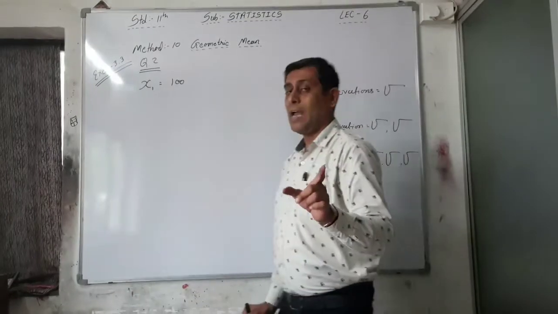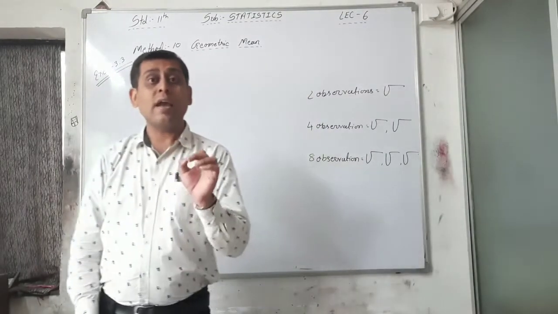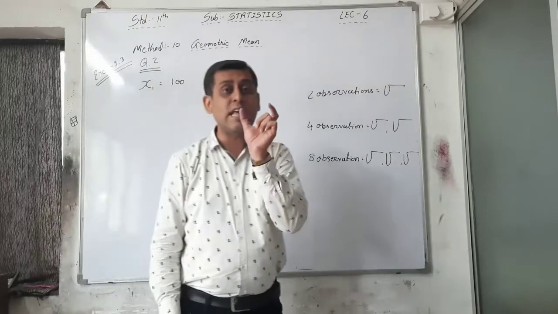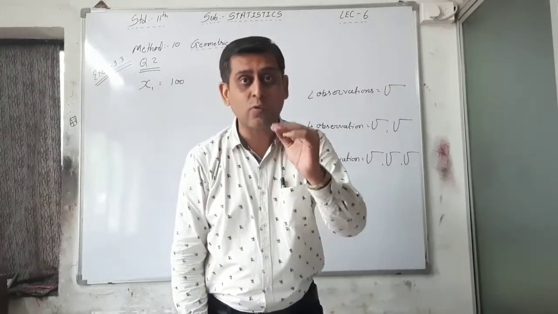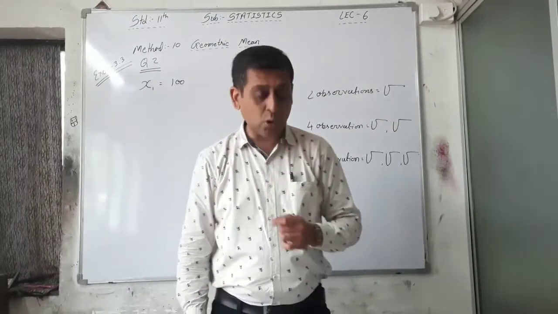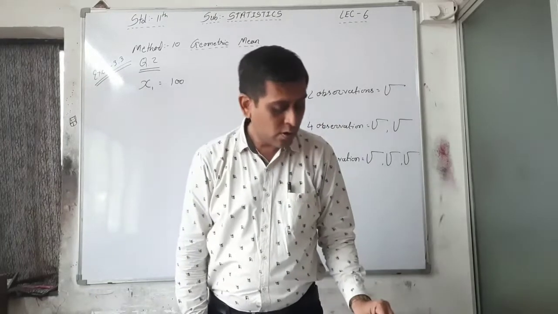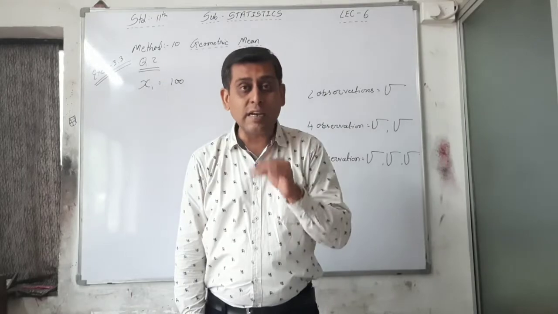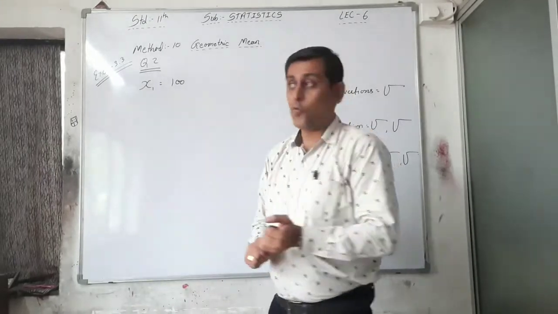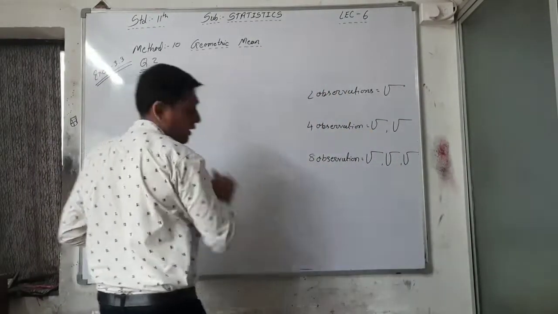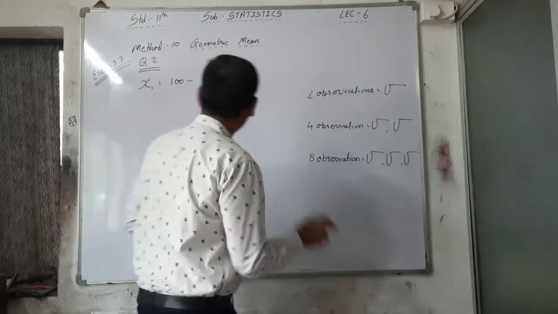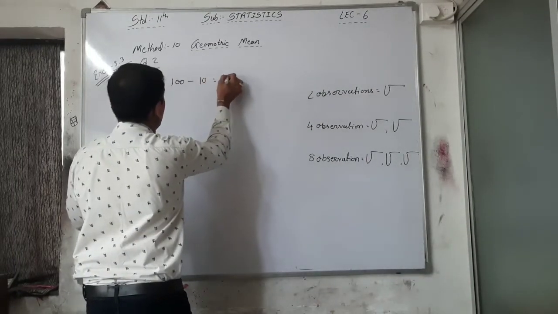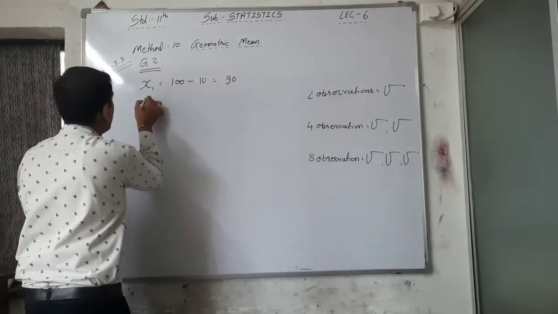Okay, so here I am taking the geometric mean method, and here the word is depreciates. That's why we have to decrease. Okay, and the observation is given in percentage. That's why we have to decrease it, right? From 100 minus the first 10%, that is 10, your first observation is 90.